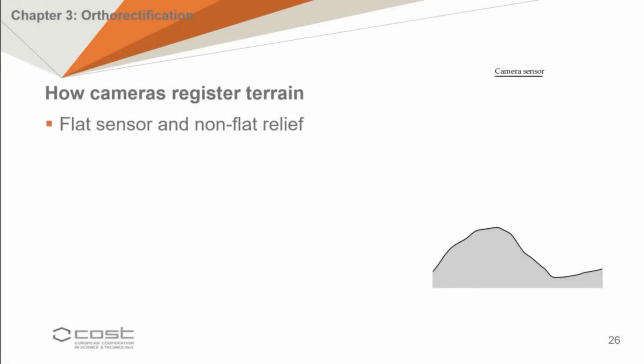It's important to understand how cameras register objects in their field of view, especially how the flat sensor captures non-flat objects such as terrain. If we take a look at a number of points on the ground, that visual information reaches the camera sensor radially through a so-called focal point. The distance between the sensor and the focal point is referred to as the focal length.